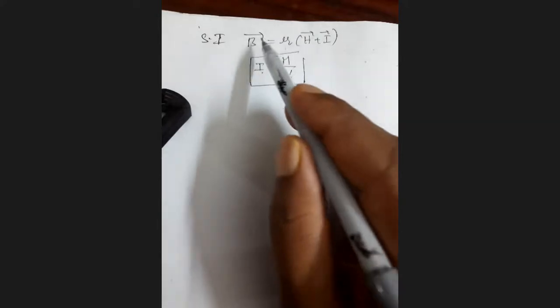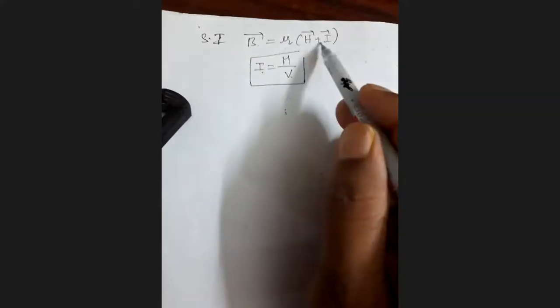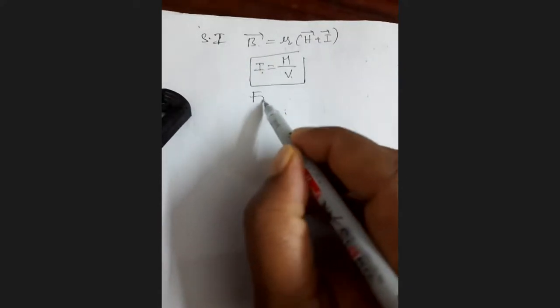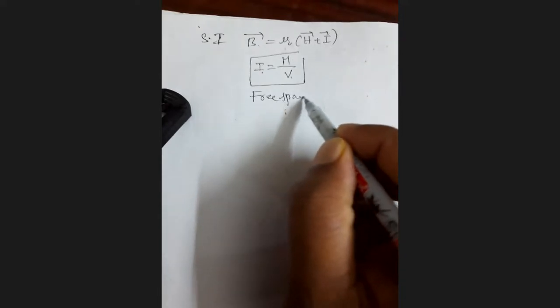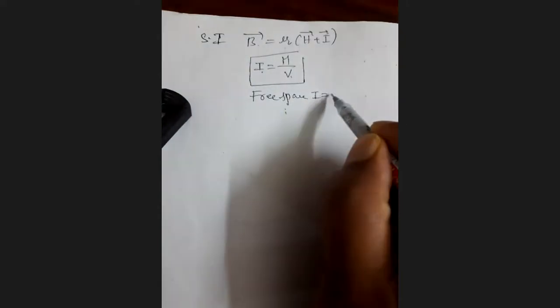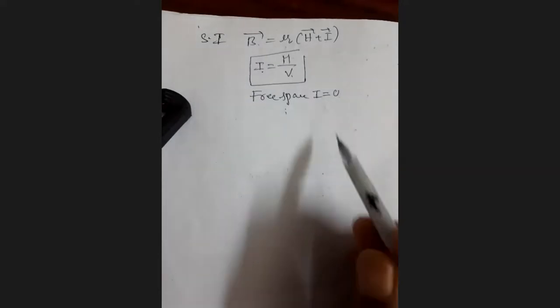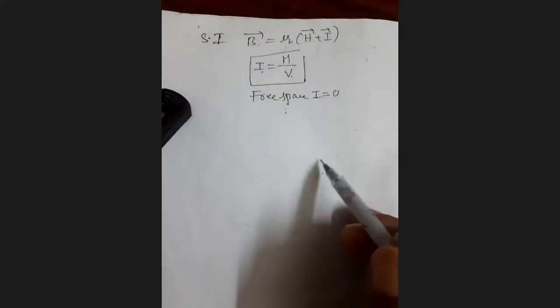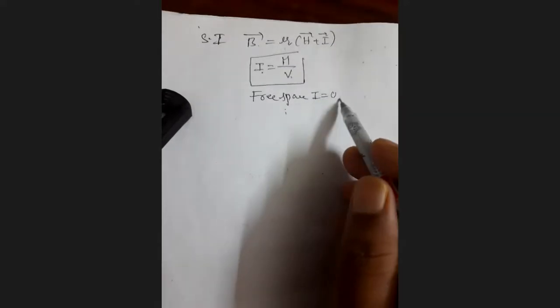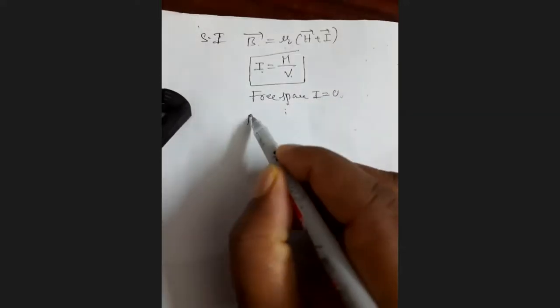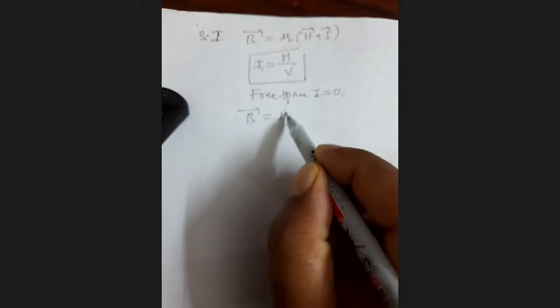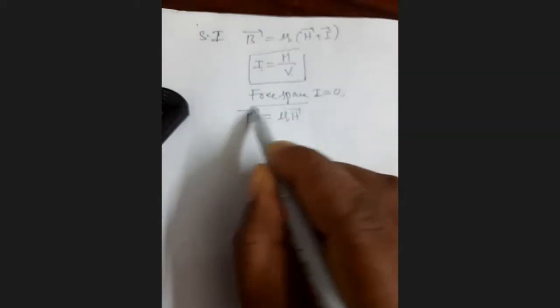So here B bar, H bar, I bar are related like this. In free space or vacuum, the intensity of magnetization is 0. Okay, I equal to 0. In free space, the material cannot be converted into a magnet. So I equal to 0, magnetization 0. Then what we get? B bar equal to mu naught into H bar. That I explained earlier.